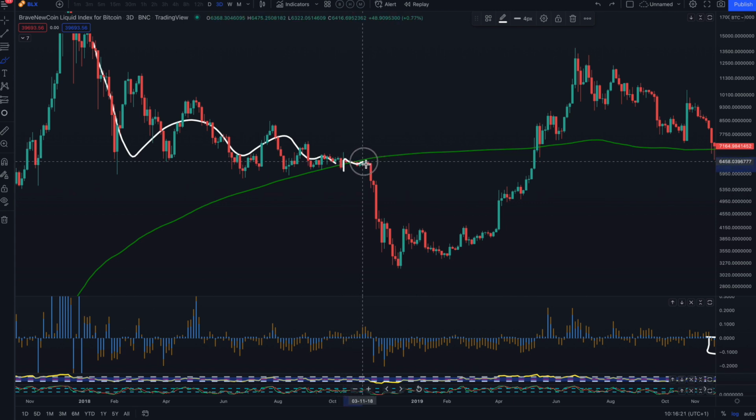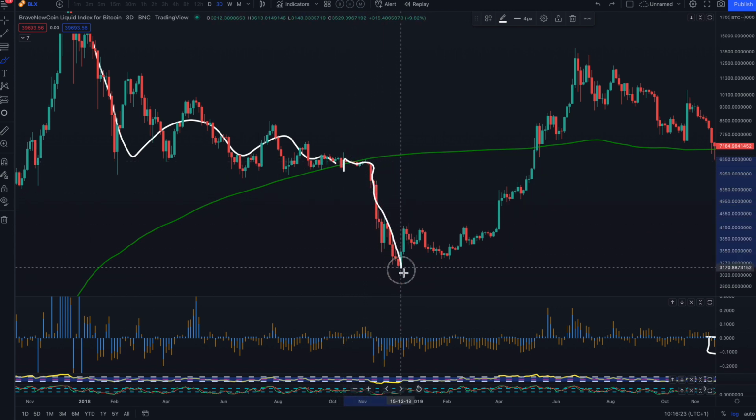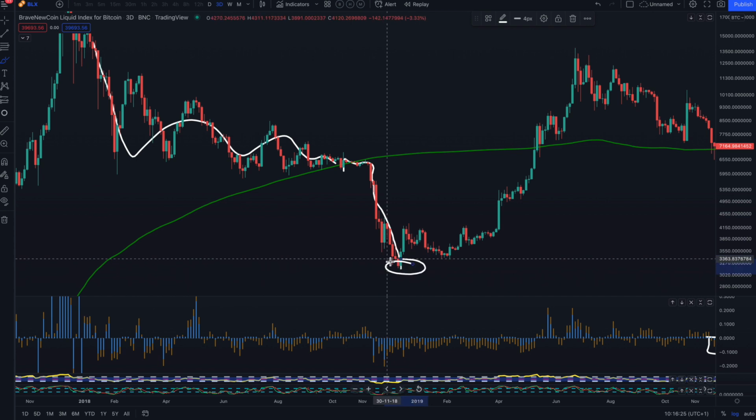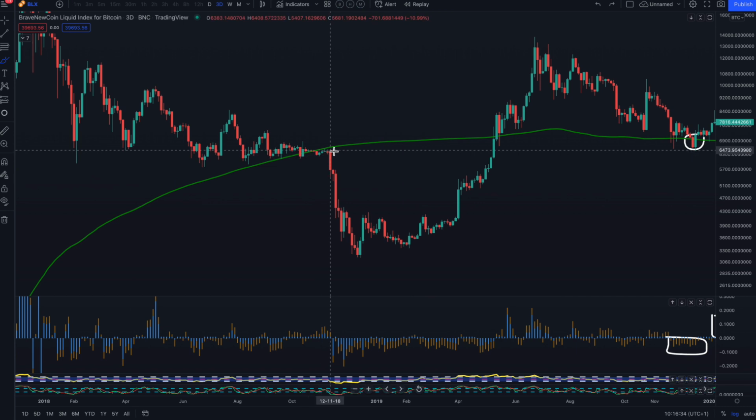But unfortunately, we lost support there and came down 50%, all the way down to 3,200 from the $6,000 mark. Again, the interesting thing is that before it fell down, we were actually in positive BitMEX index territory. So the only times we've actually fallen down below this has been in positive index territory.